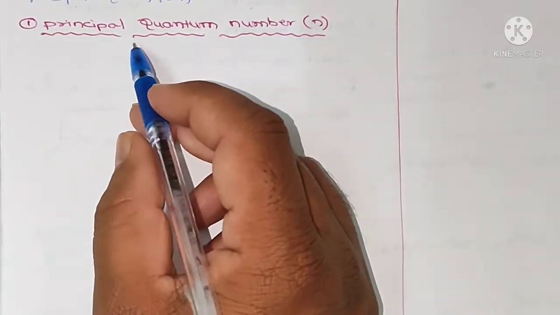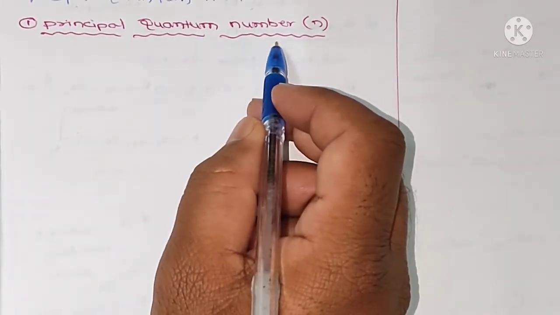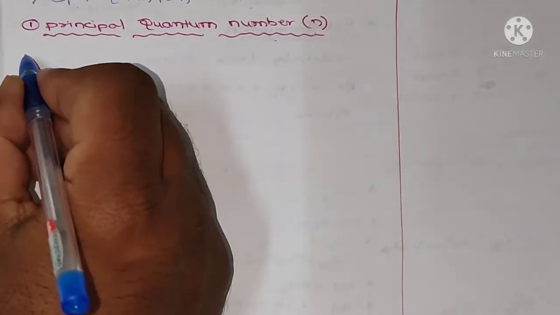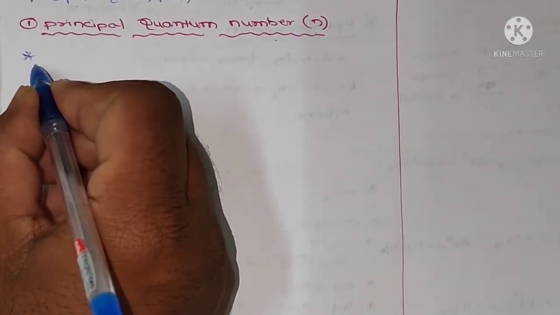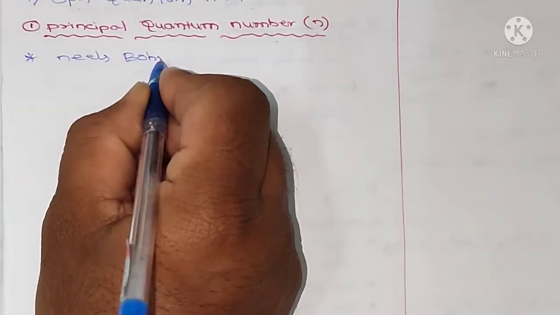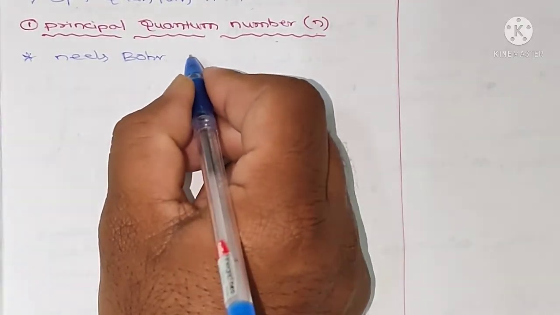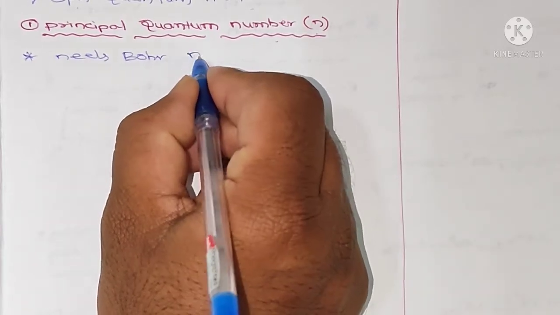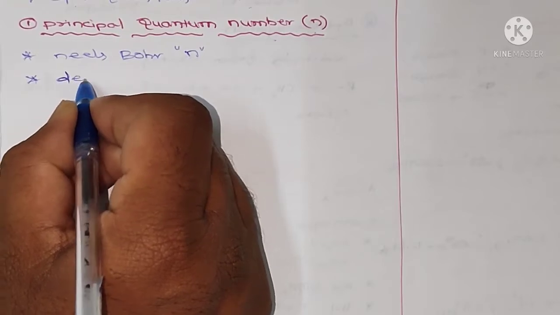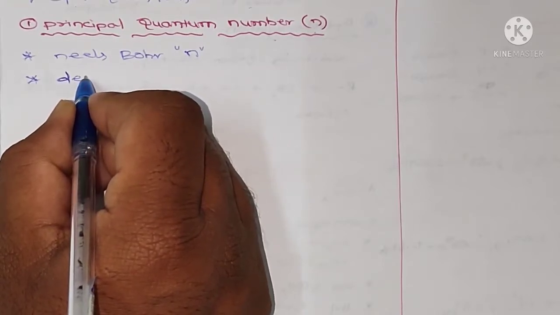Let us discuss the first one, principal quantum number, and it is represented by n. This principal quantum number was proposed by Niels Bohr, and it is denoted by small n.